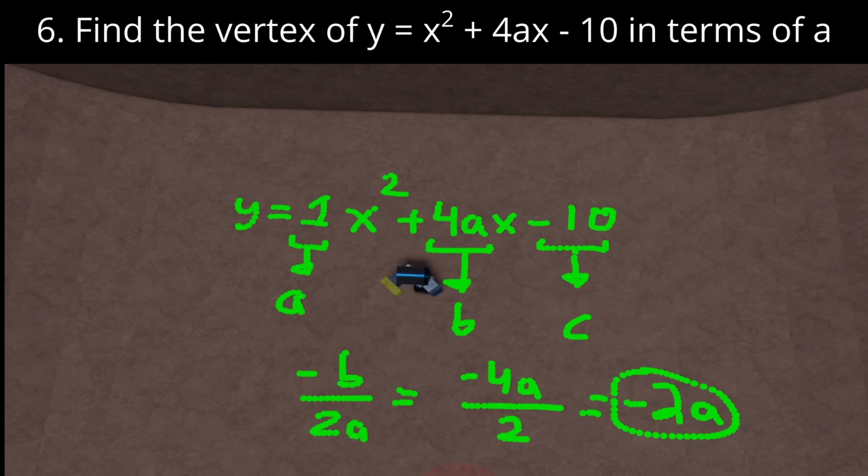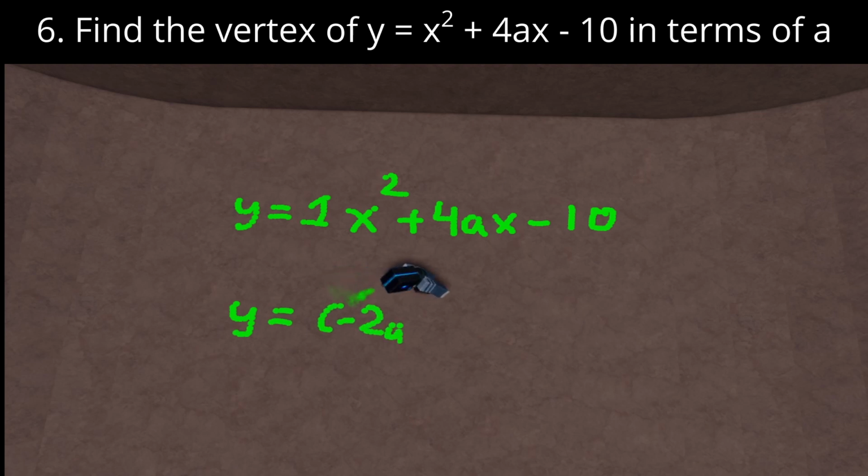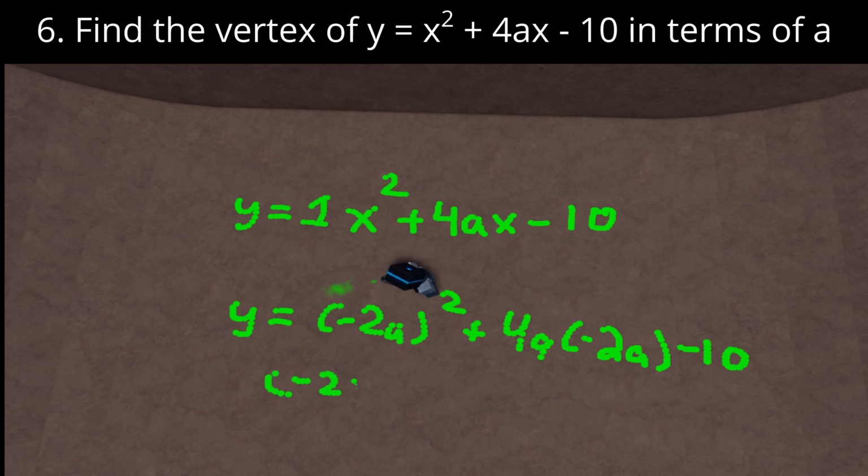I'm just going to erase a bunch of stuff here. And now let's evaluate this. We'll have y is equal to minus 2a squared plus 4a times minus 2a minus 10. Minus 2a squared, that's just minus 2 squared times a squared.